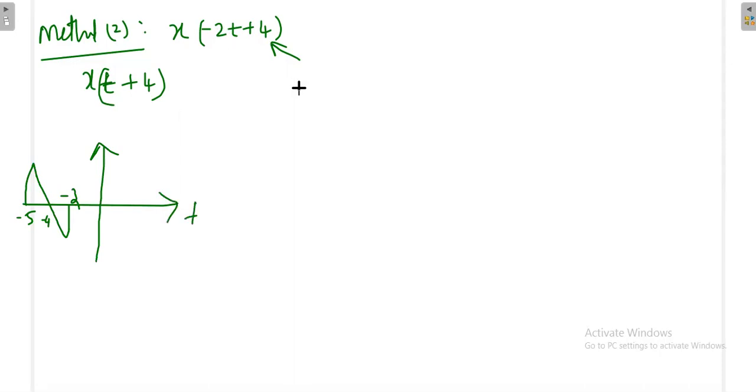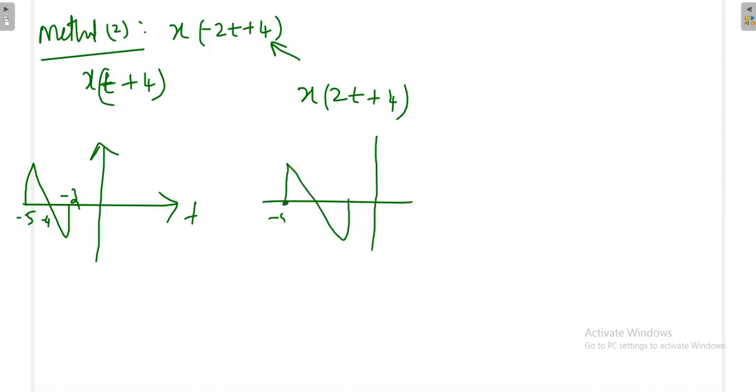Next I will calculate x of 2t plus 4, because I am going in this direction. That means I have to apply the scaling. My diagram will be like this, but instead of -5 here, I'll get -5 by 2. Here I'll get -2, here -3 by 2. Now this is x of 2t plus 4.